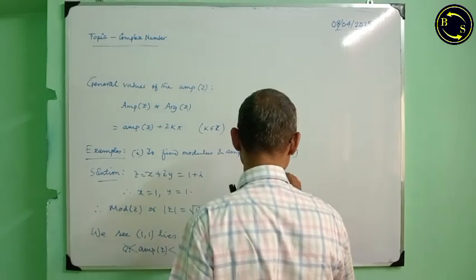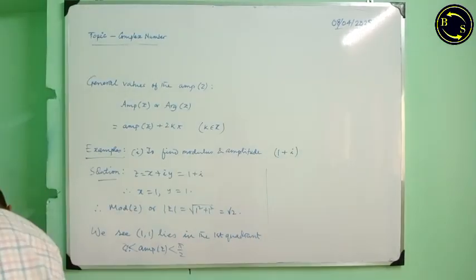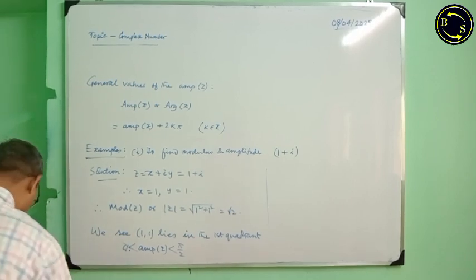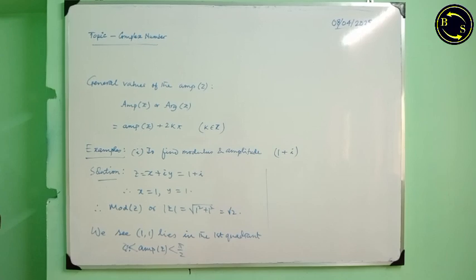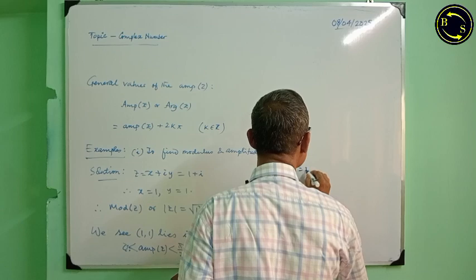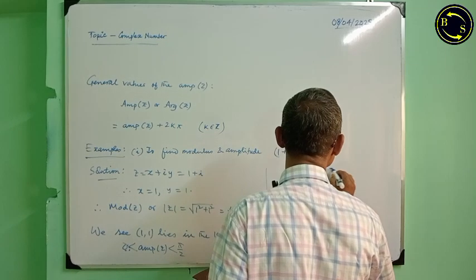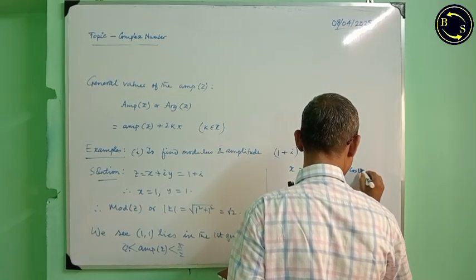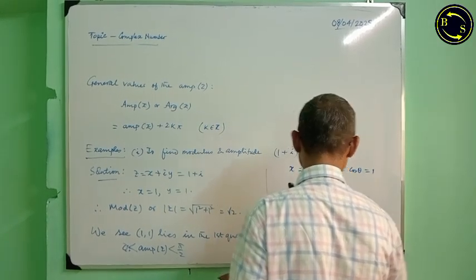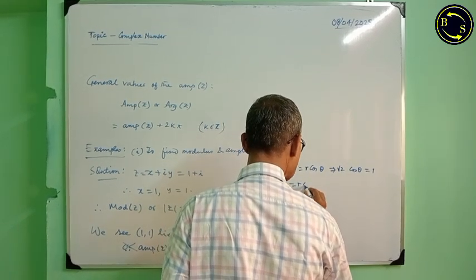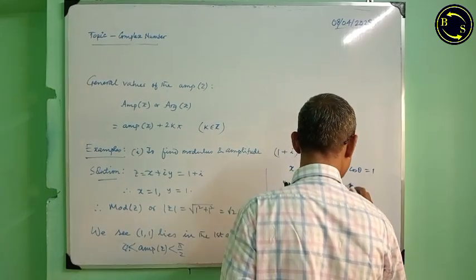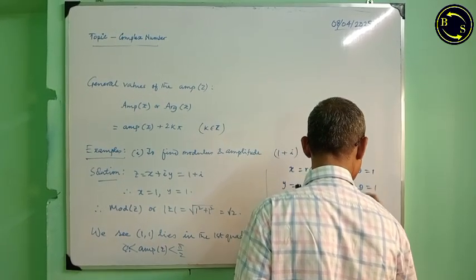Now, x is equal to r cos theta: root 2 cos theta equals 1. y is equal to r sin theta: root 2 sin theta equals 1.